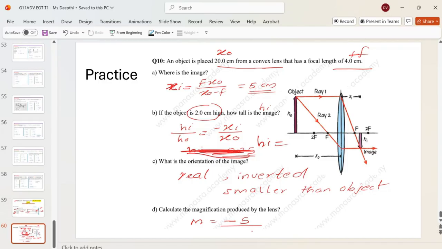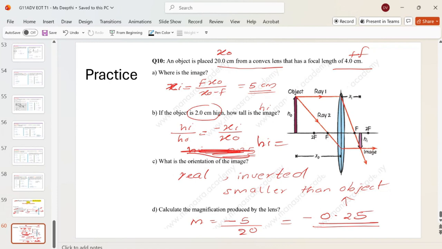M is minus 5 over 20. That's minus 1/4, equal to minus 0.25. Okay, the magnification doesn't have any units. So from the value of magnification, we can also confirm that it's an inverted, real, and smaller image.